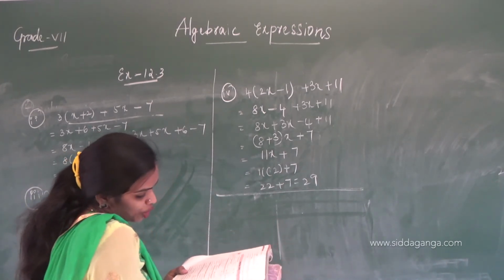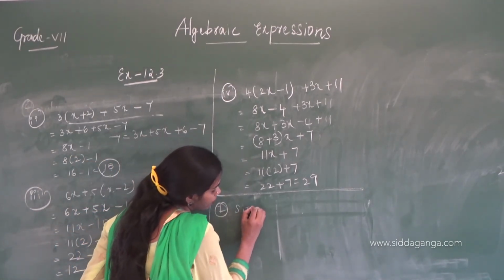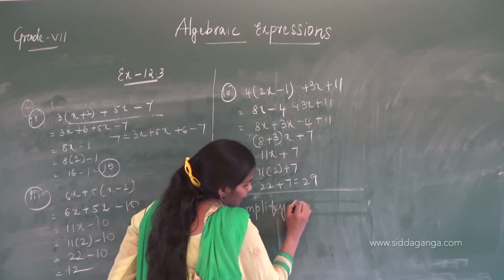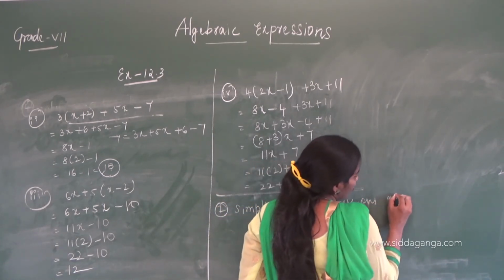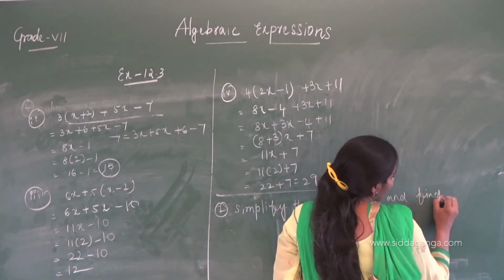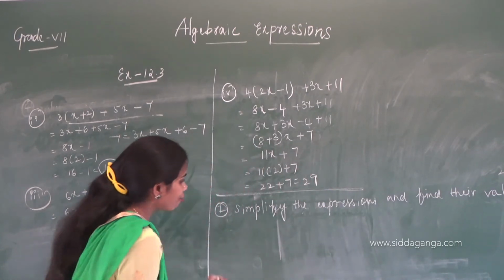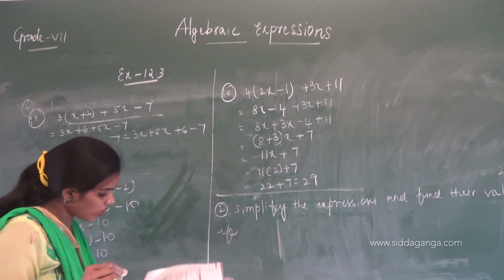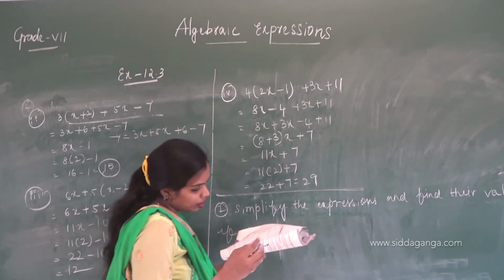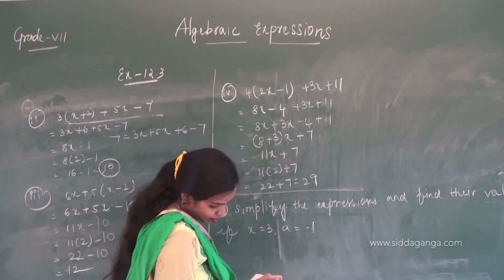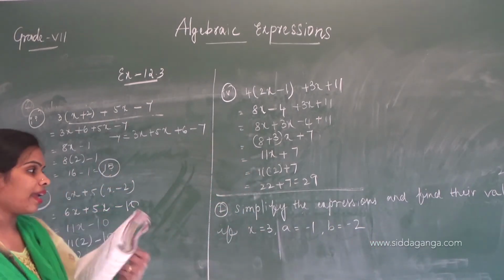Simplify the expressions and find their values if x equals 3, a equals minus 1, b equals minus 2.